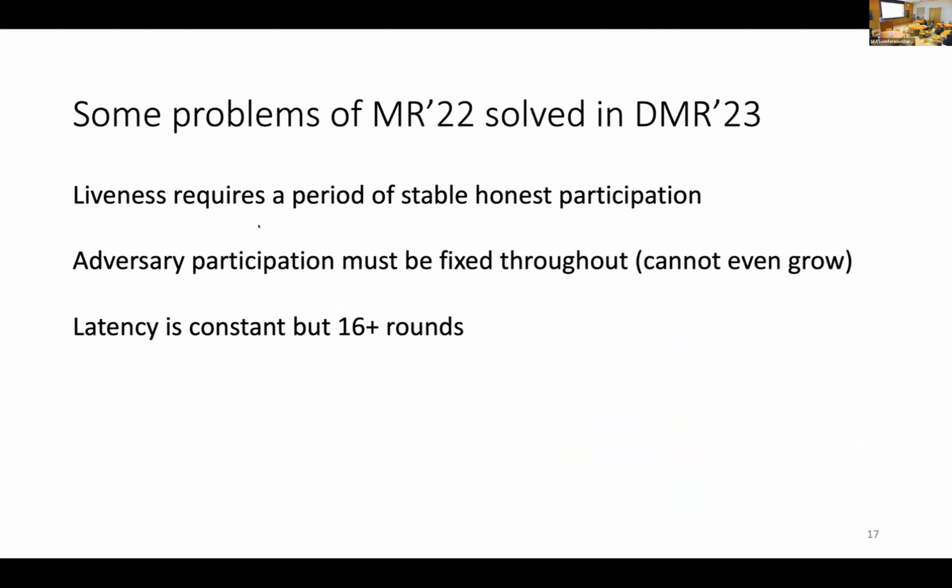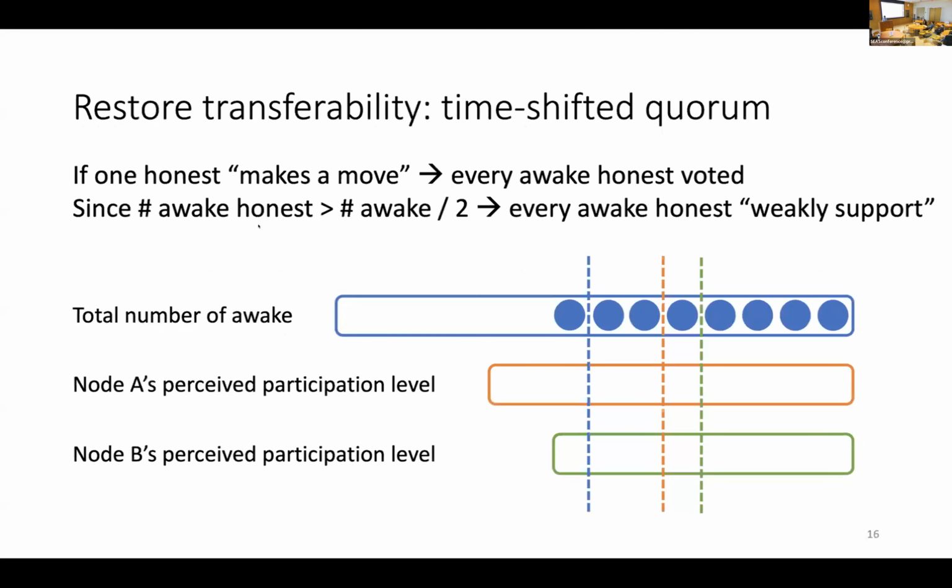This is the protocol we designed in the CCS22 paper. It left a few unsatisfactory properties. The first one is that while safety holds regardless, in the presence of arbitrary fluctuation, liveness does require a period of stable honest participation. Why is that?